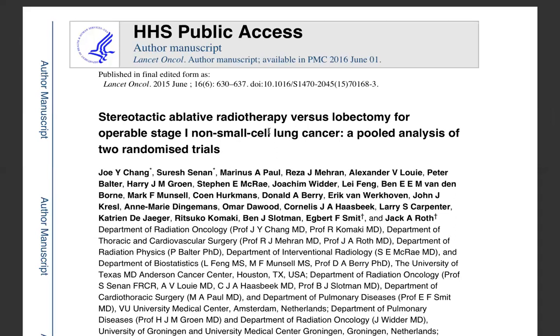But the moment you read the paper, you say, which ethics committee allowed them to, and again, the key word is operable. For God's sake, how did 50% of operable stage 1 non-small cell lung cancers end up getting SBRT? Because randomization means 50% here, 50% there. You agree or no? Yes, sir.